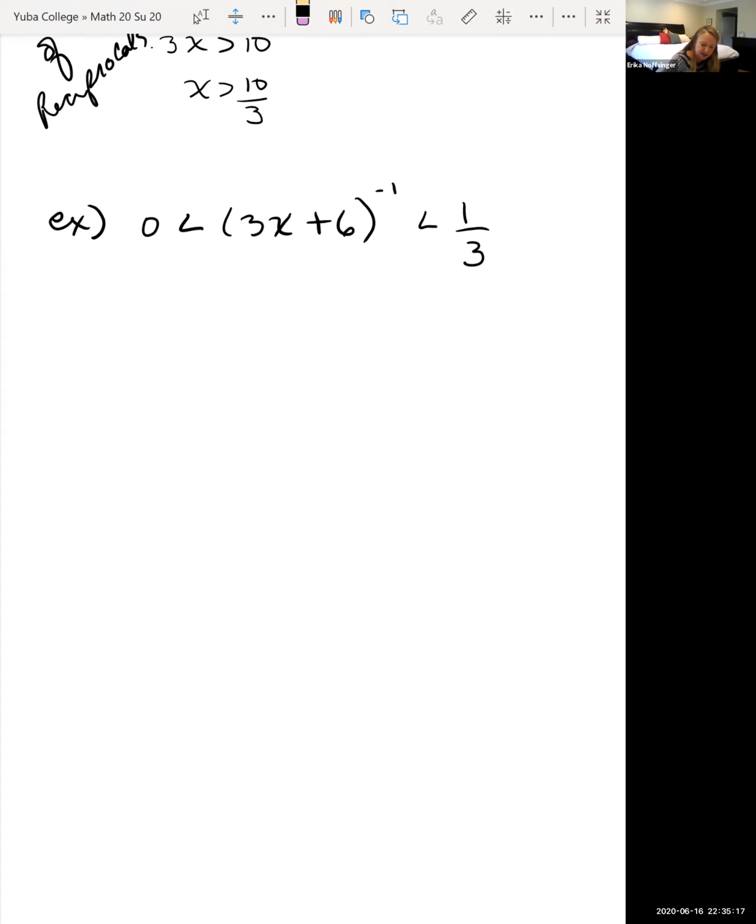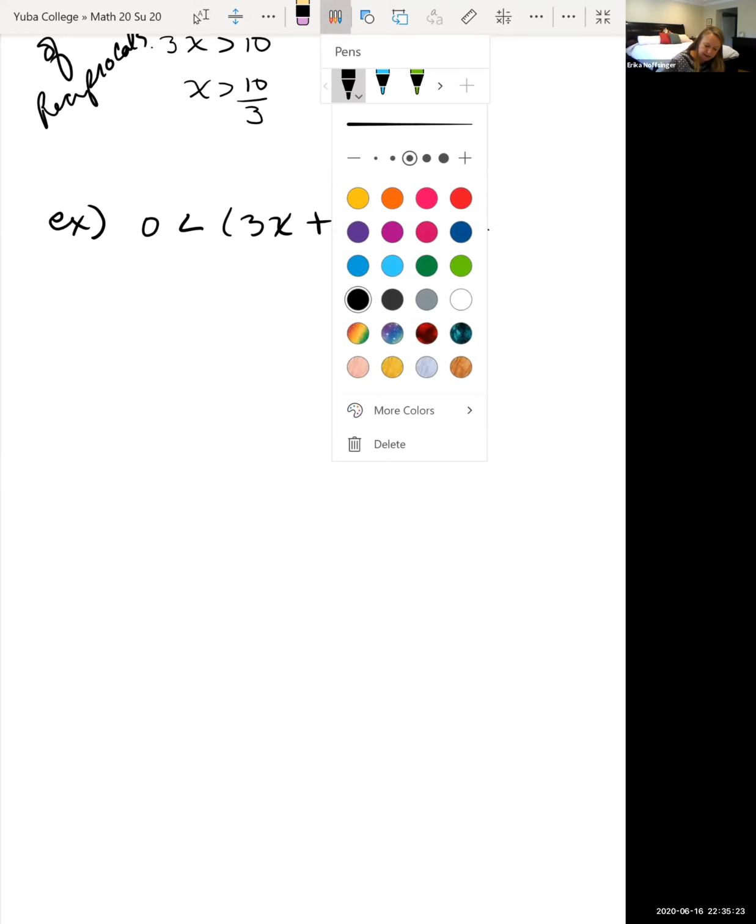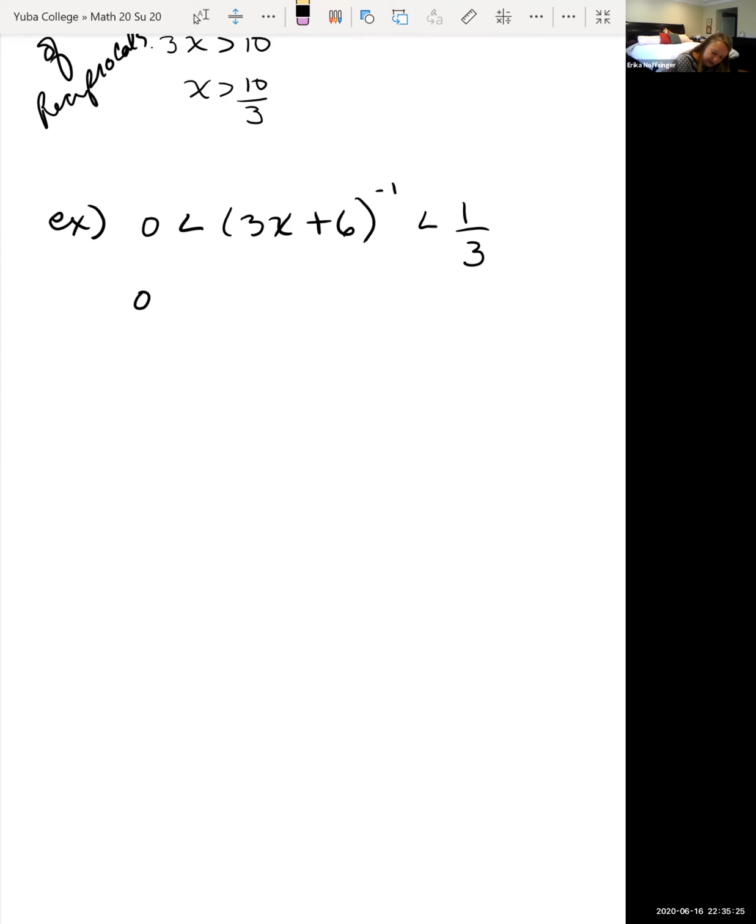In this case, the whole parentheses 3x + 6 is the base. So 0 is less than 1 over 3x + 6, which is less than 1/3.